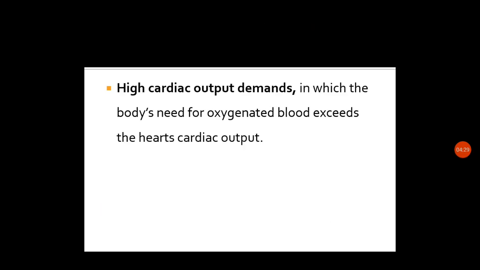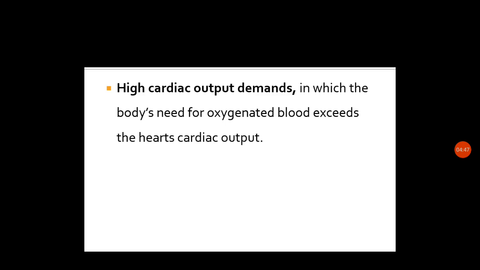The fourth etiological factor is high cardiac output demands, in which the body's need for oxygenated blood exceeds the heart's cardiac output. The body is expecting more than the heart's output.